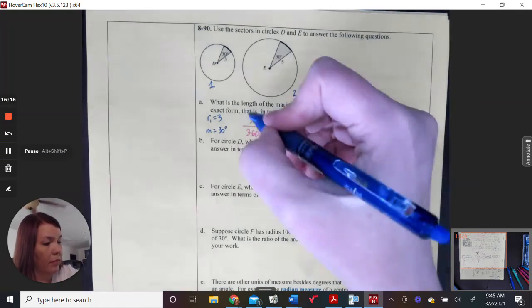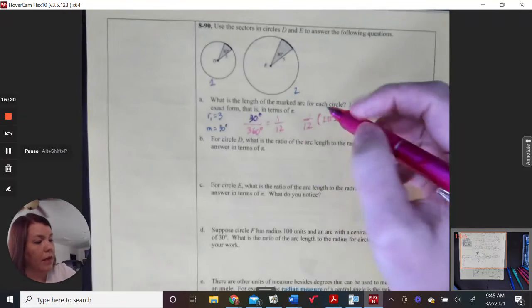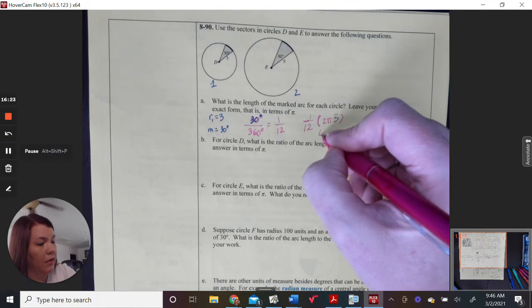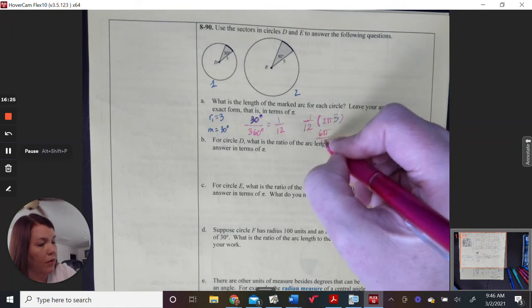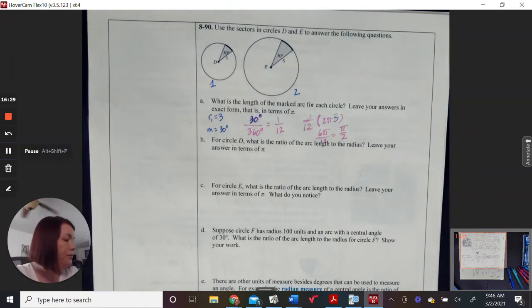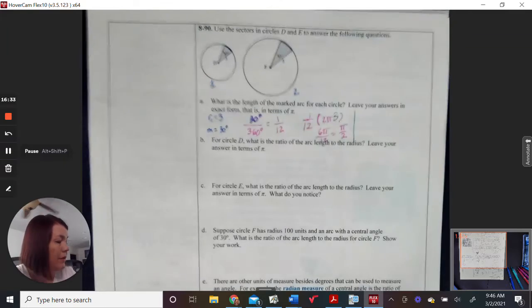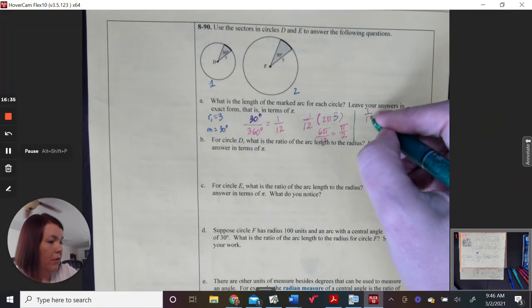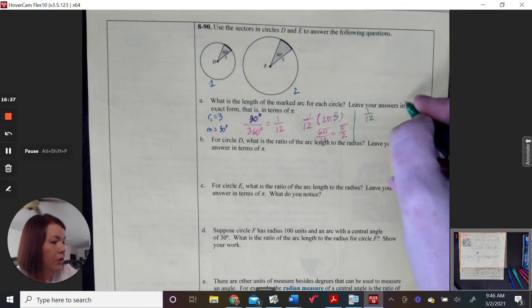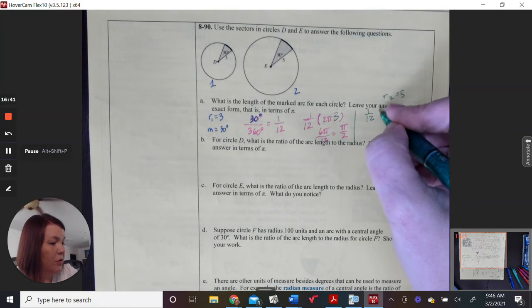For the other circle, it's still going to be 1/12, but now R2 is 5. So 1/12 times 2 pi times 5. So 1/12 times 10 pi, which equals 10 pi over 12, which is equal to 5 pi over 6.